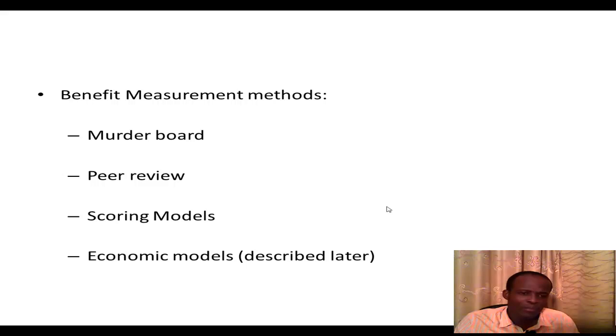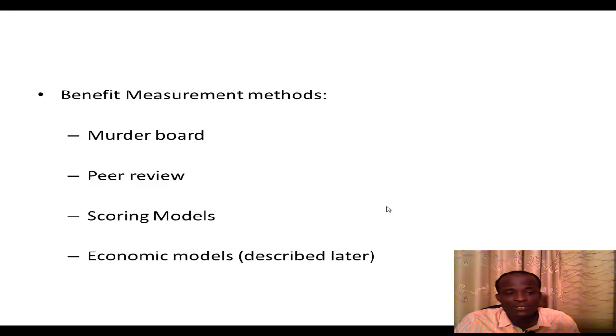Now, with the benefit measurement methods, we have the murder board, peer review, scoring models, and then economic models, which I'll describe later in this course.